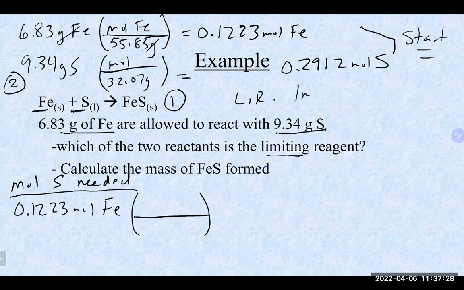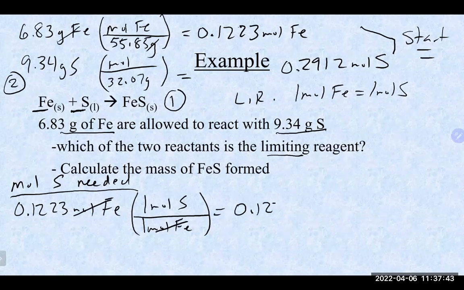So 1 mole of iron gives us 1 mole of sulfur, and that means 1 mole of iron on the bottom and 1 mole of sulfur up on top. They cancel. Tells me I need 0.1223 moles of sulfur is needed.